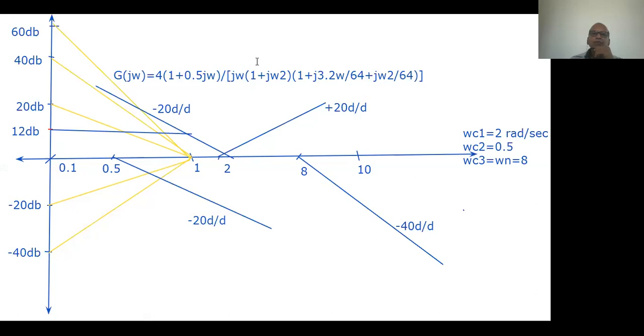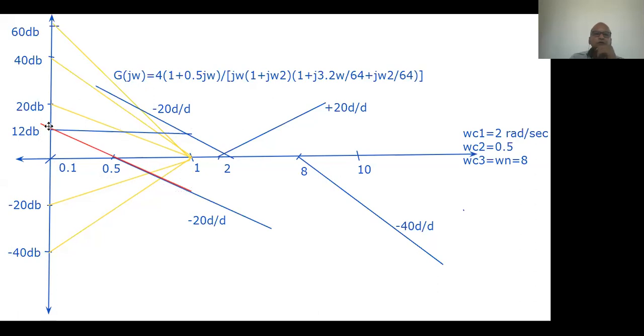Here, I will draw with the red color, minus 20 dB per decade, up to this one.